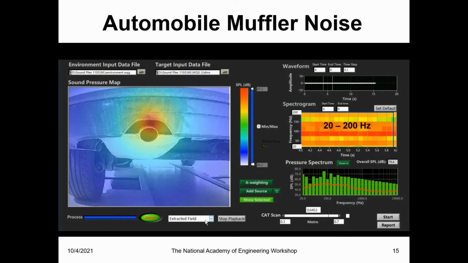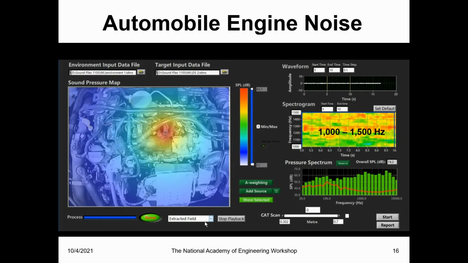In other words, sound viewer enables one to pinpoint the source location even at very low frequencies, below 200 Hz. This example shows the capability of sound viewer to eliminate interference signals and extracting four-cylinder engine combustion noise.